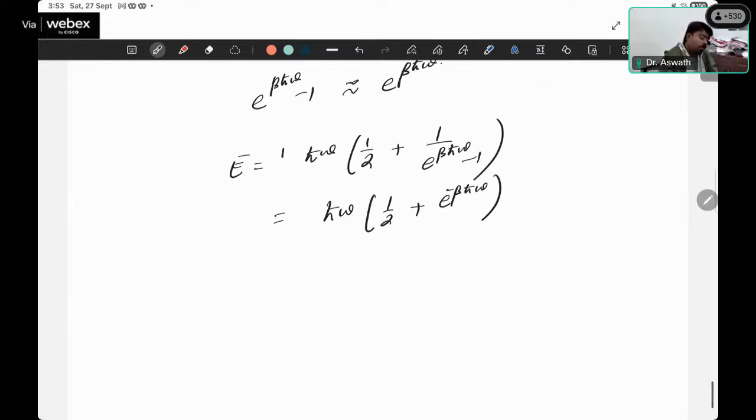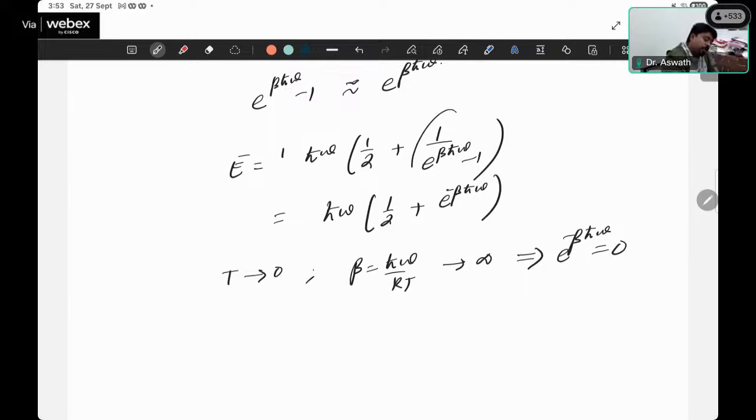Now if you see, when T goes to 0, very small, beta, which is 1 by kT, tends to infinity, which implies exponential minus beta h omega is simply 0. So the second term is 0. So average energy is h omega into half plus 0, which is half h omega.